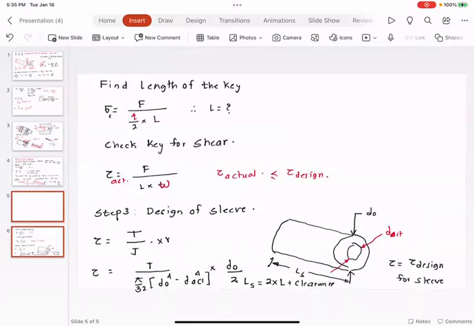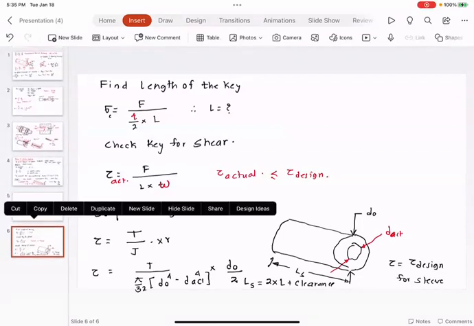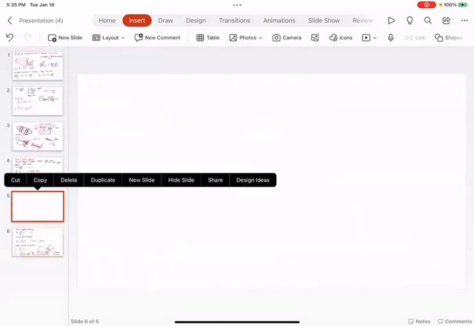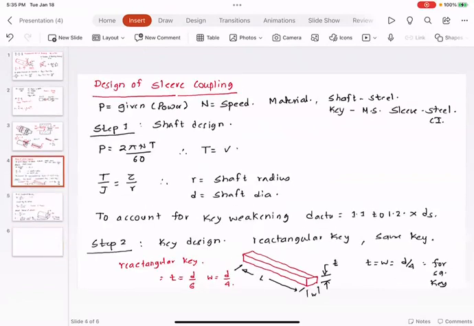As soon as you are done with the shaft design, you will have to stick to the actual. Hold on a second. Okay, you want to go to 4. What do you want me to do? Do you want me to work out a problem, or do you want me to discuss the flange coupling?